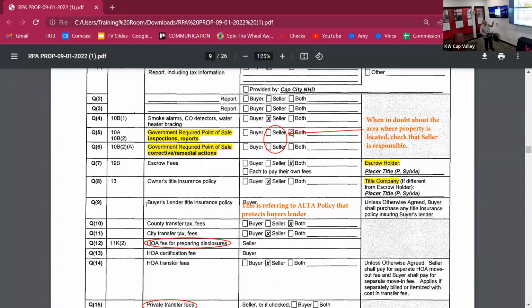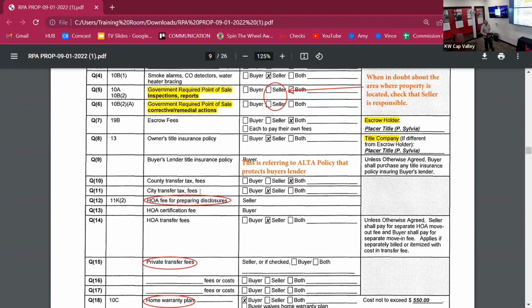The buyer's lender's title insurance is known as an ALTA, American Land Title Association. It only protects the buyer's lender, and it is only to the limit of the loan that is being obtained. So that's what goes there. Buyer usually pays for that.